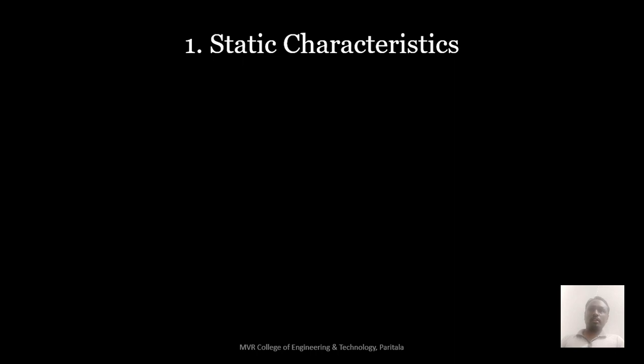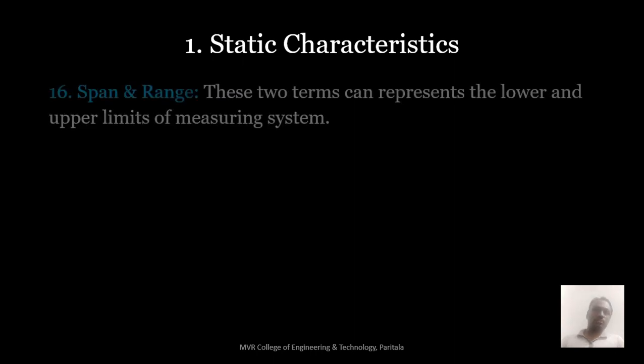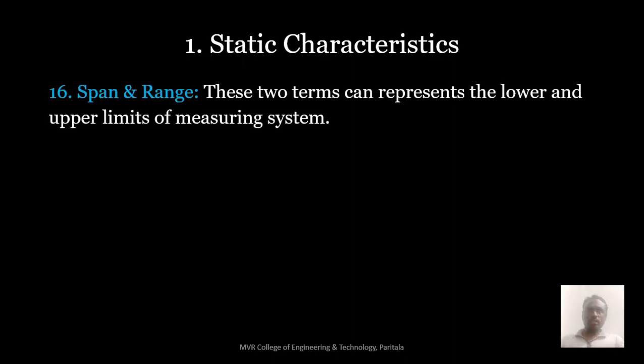So next static characteristics: span and range. These two terms represent the lower and upper limits of the measuring system. If a voltmeter can measure from 0 to 700 volts, then the lower limit is 0 and the upper limit is 700. These limits can be described using the span and range of the system.